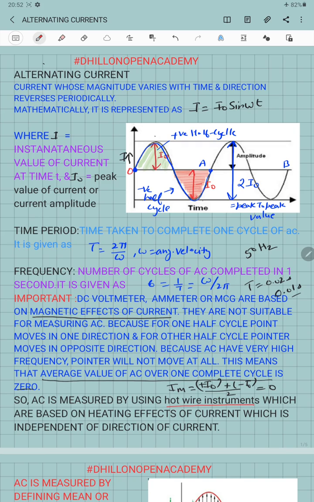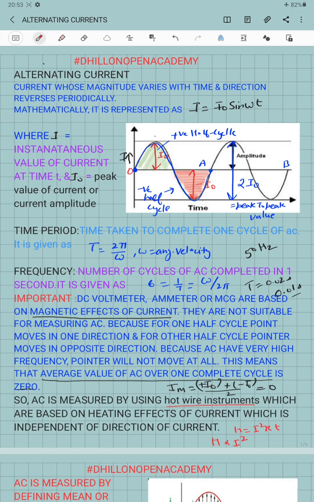If you remember, Joule's law of heating says that H equals I squared R T. So the heat produced is directly proportional to the square of the current. When the current is squared, even the negative half cycles are squared, so the squared current does not contain any negative half cycle; all are positive.